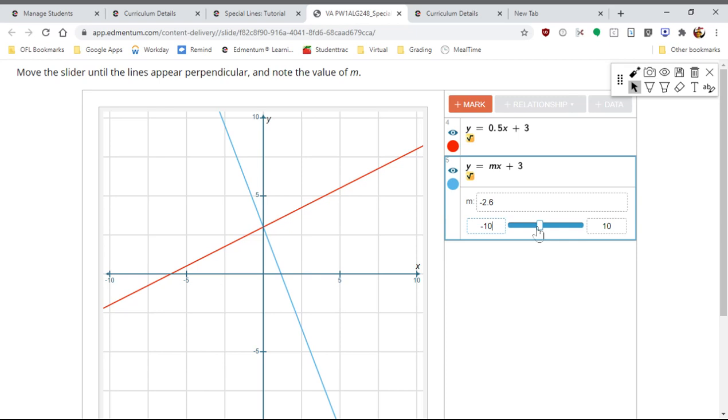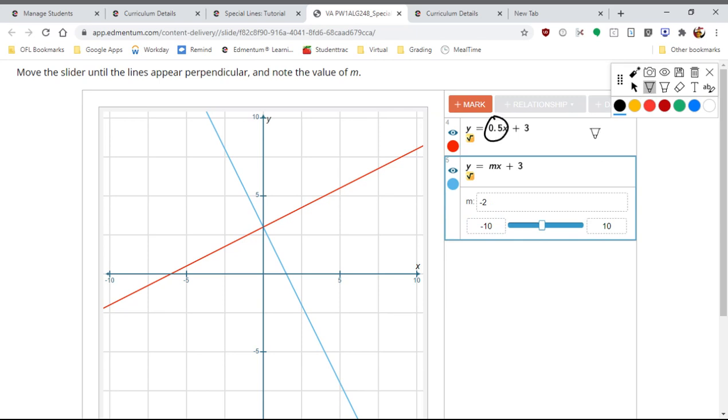So this looks like about 90 degrees almost. It would be right. Let me see if I can get this as close as possible. Right there is exactly 90 degrees.